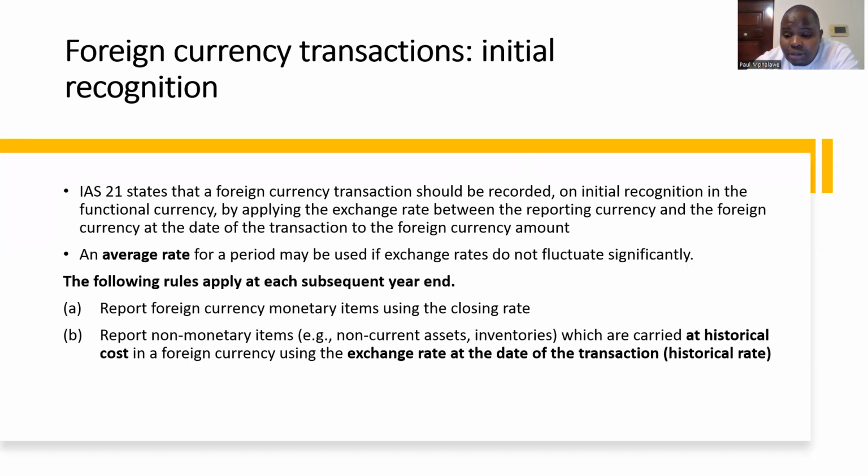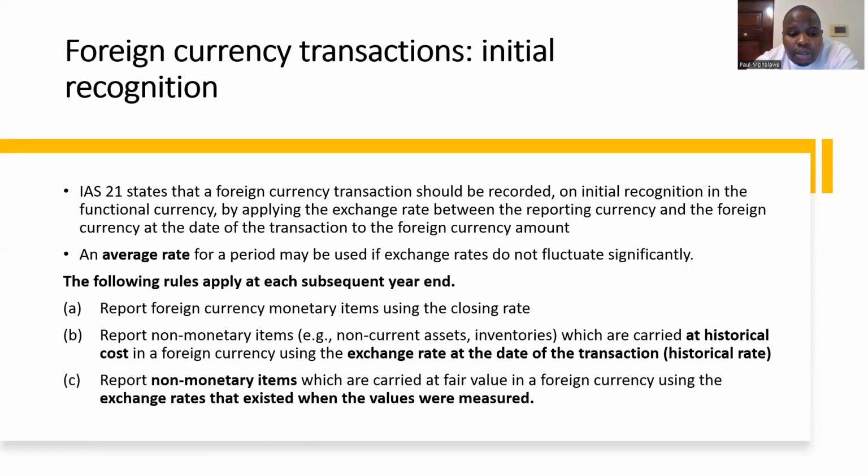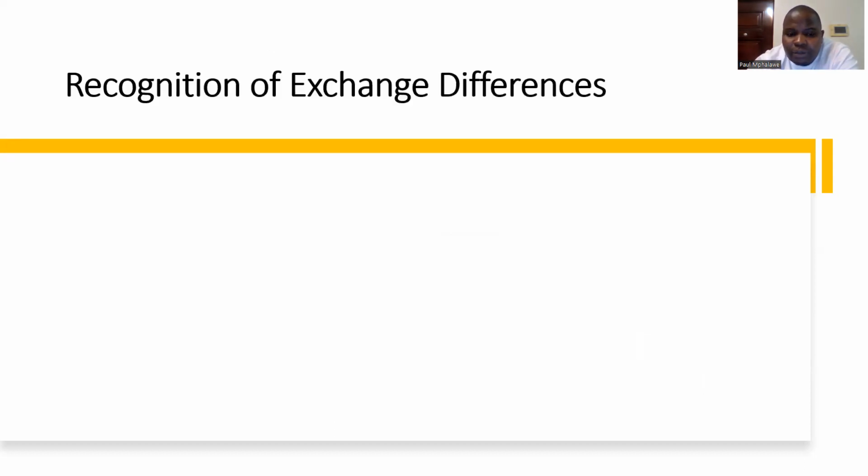That is the correct rate. Report non-monetary items which are carried at fair value in foreign currency using the exchange rate that existed when the values were measured, at the date of measurement.